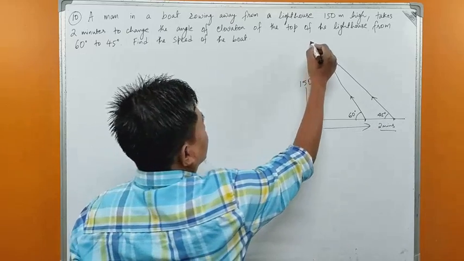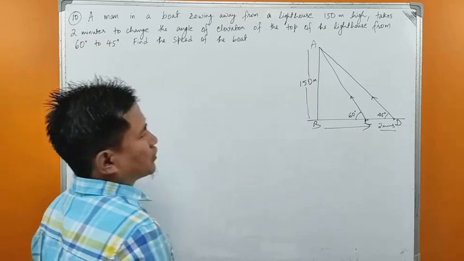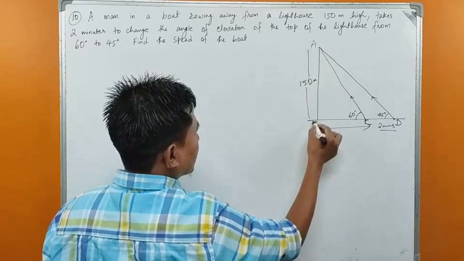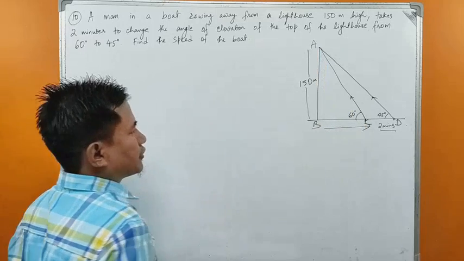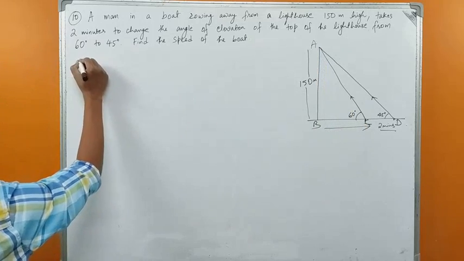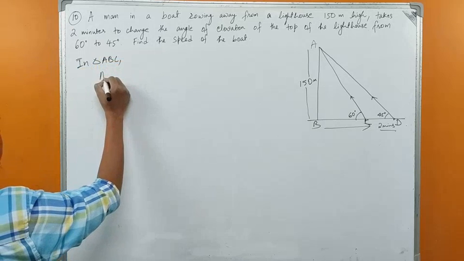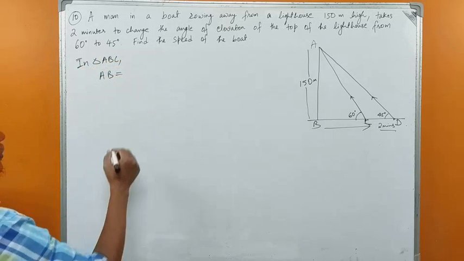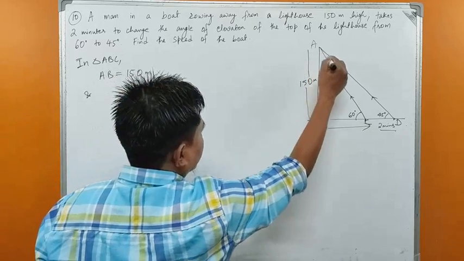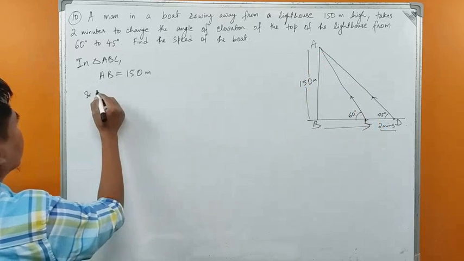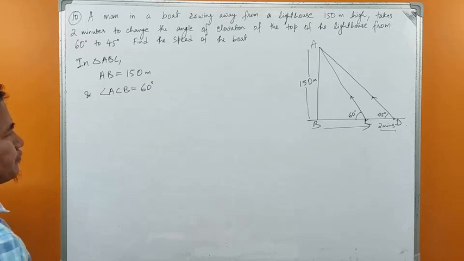Now this is A, this is B, this is C, and this is D. So in triangle ABC, we have AB is 150 meters. We will find BC first. In triangle ABC, AB is given to us, that is the height of the lighthouse, 150 meters, and angle ACB is 60 degrees.